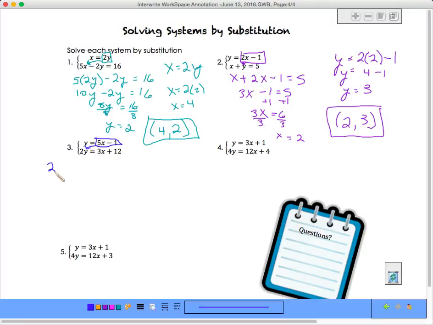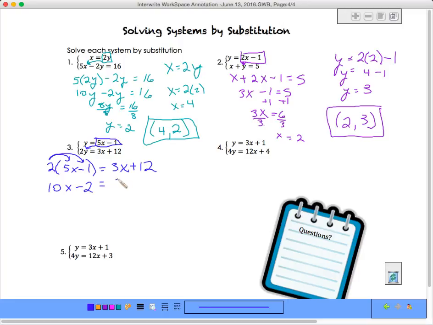Where the y is, we're going to put 5x minus 1. Make sure if you have any questions as they go along, you write them down so that you can ask them in class. Distributing, I get 10x minus 2, where you just take 2 times 5x, 2 times negative 1.